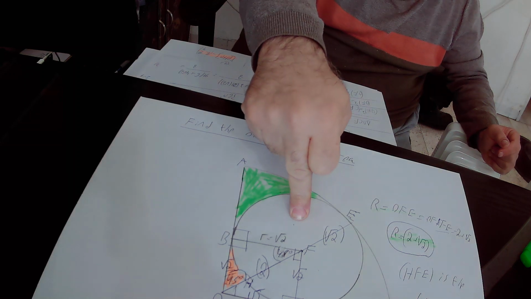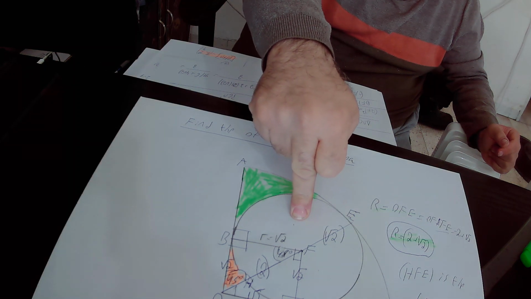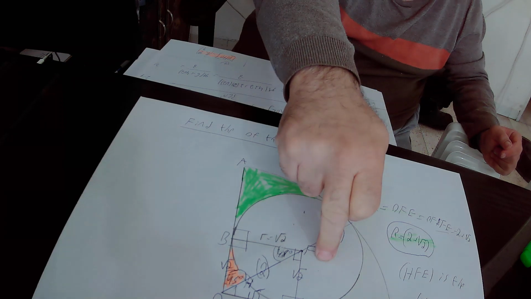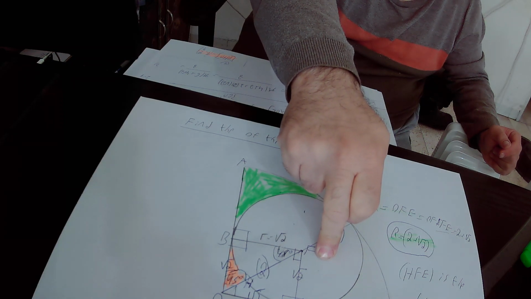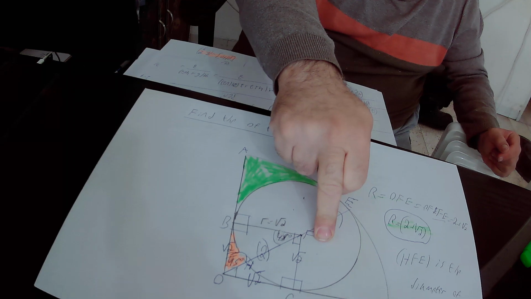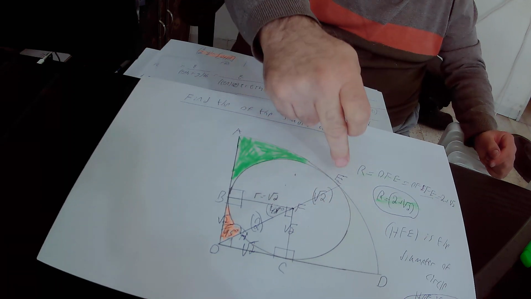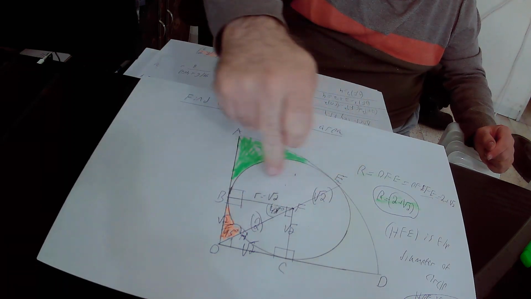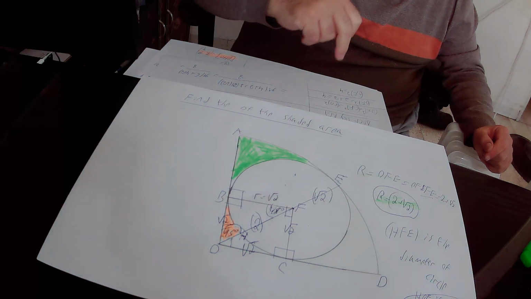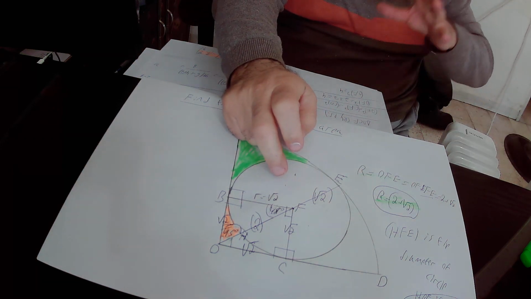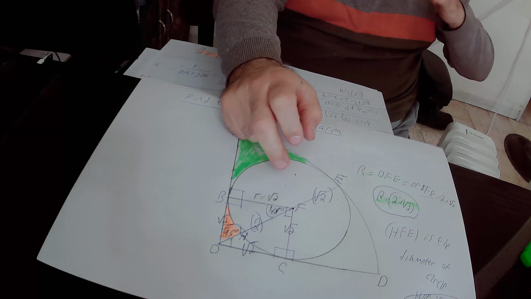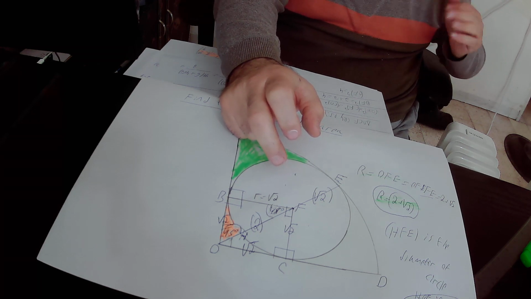This is the first half, that is the semicircle, and this is the second half, that is also a semicircle. In conclusion, we can write down that HBO is a semicircle, because the diameter bisects the circle into 2 equal areas.